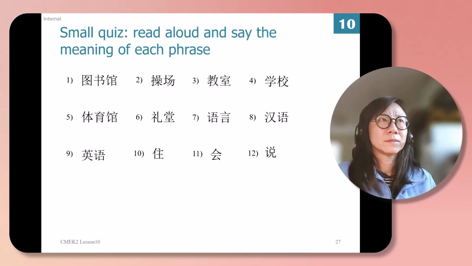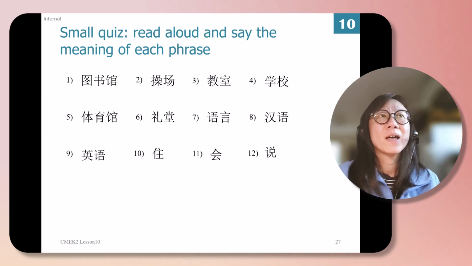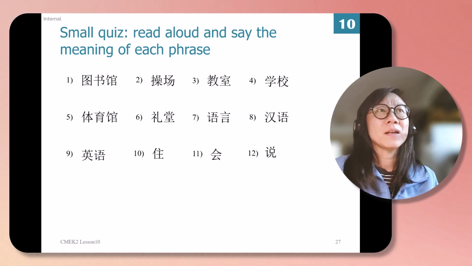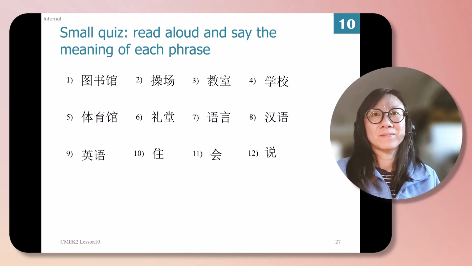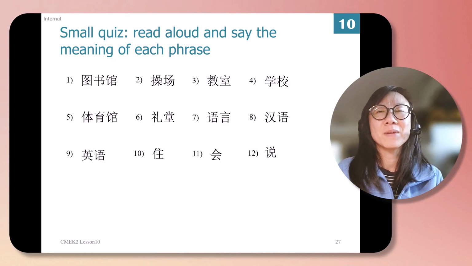All right, now let's have a look at this small quiz. Read aloud and say the meaning of each phrase. So make sure you can read all of them and then tell the meaning.